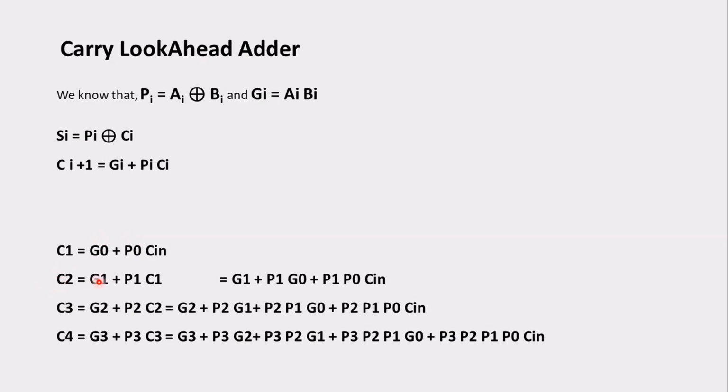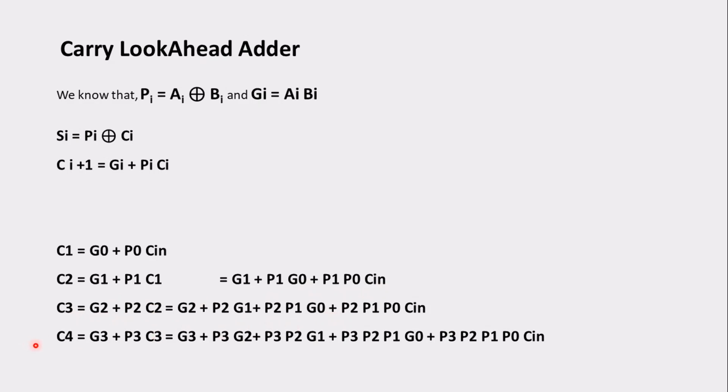In the similar way, I can go for C2. C2 is G1 plus P1 into C1. But we have C1 over here, which is G0 plus P0 into C in. I will substitute this value over here, so finally I will end up with G1 plus P1 into G0 plus P1 P0 C. In the similar way, we will do this for all these adders.